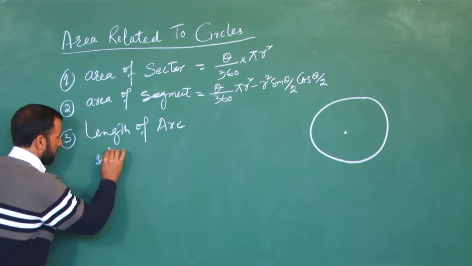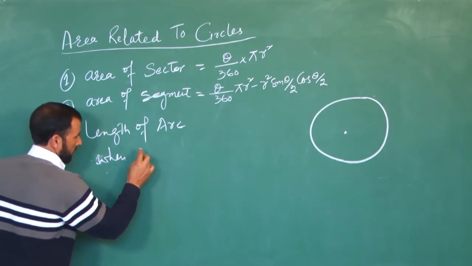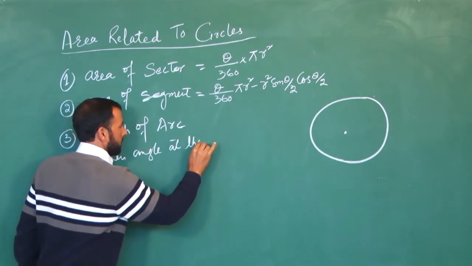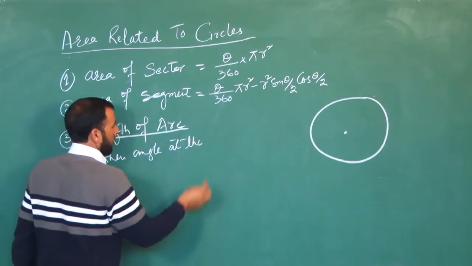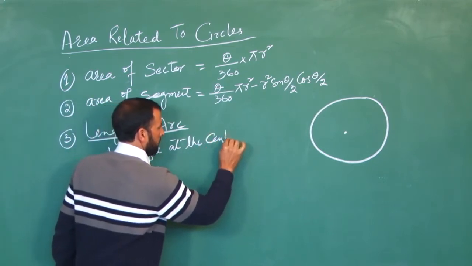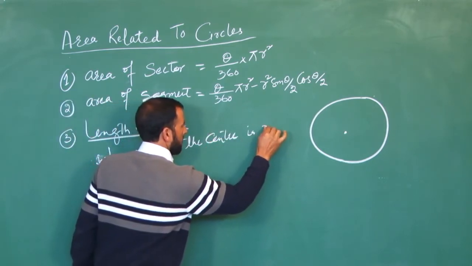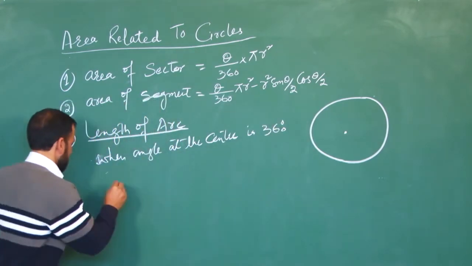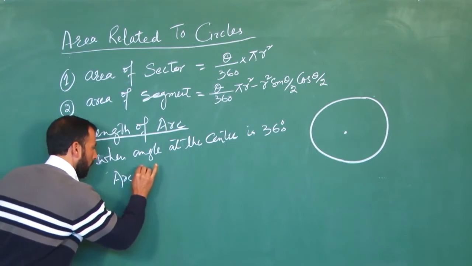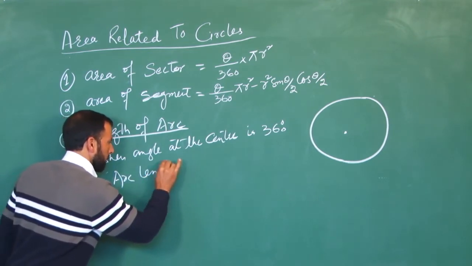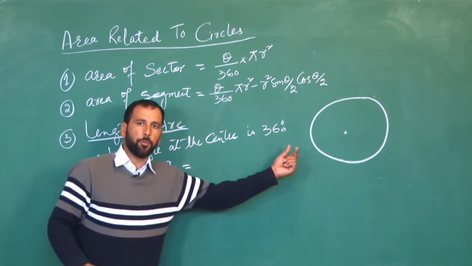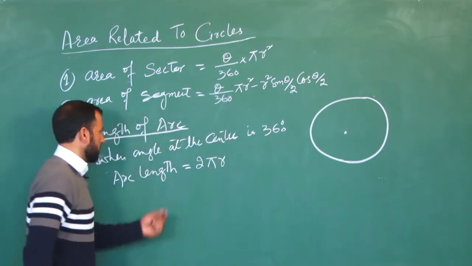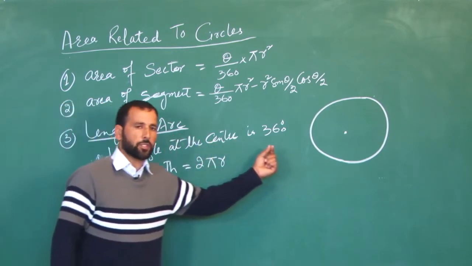Means when the angle at the center is 360 degrees, then the arc length is equal to the circumference of the circle, that is 2 pi r, and this is the arc length or circumference of the circle.